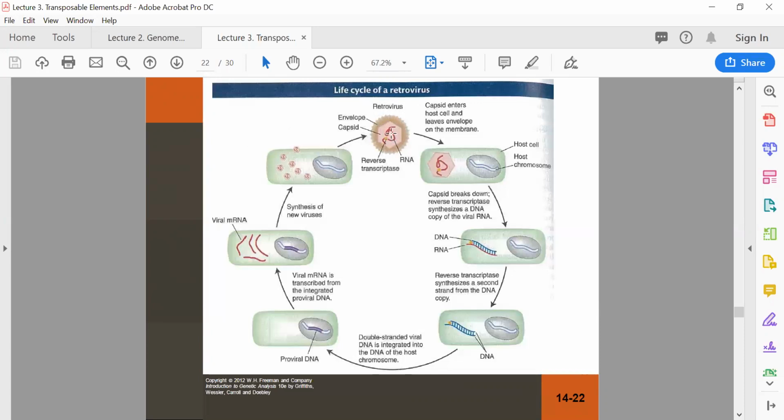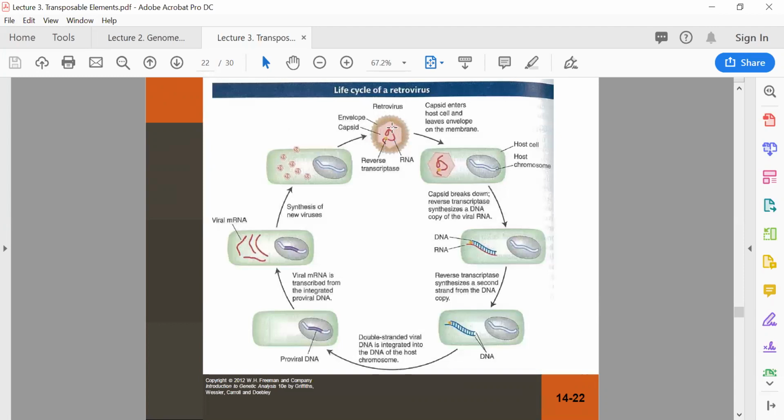That is, as its genetic material, it carries a strand of RNA. It doesn't carry DNA, just a strand of RNA. That RNA is enclosed in a protein coat, which is called a capsid. And that capsid is enclosed in a membrane, which is referred to as an envelope.